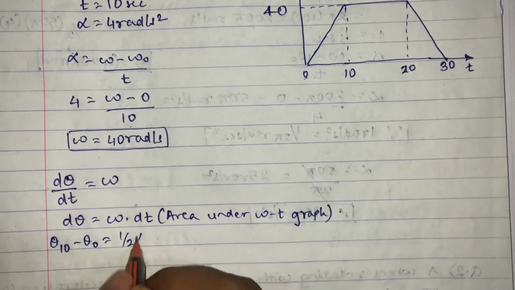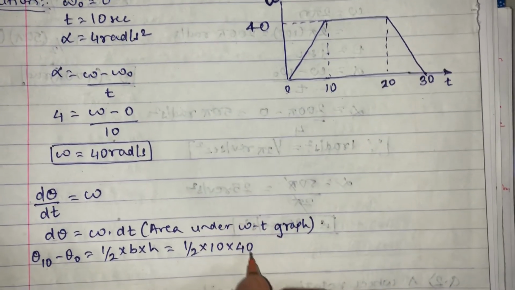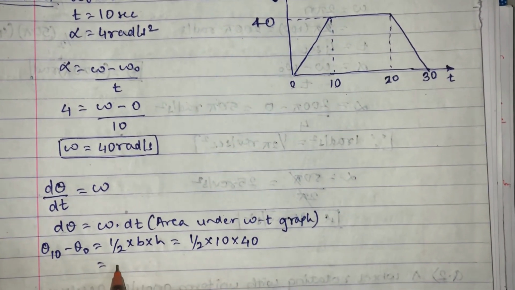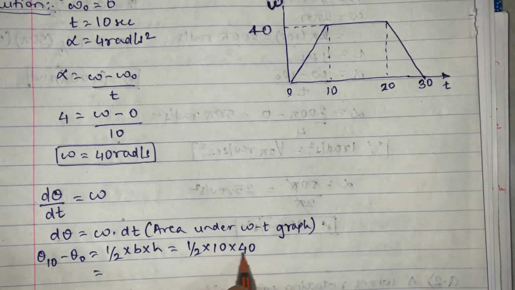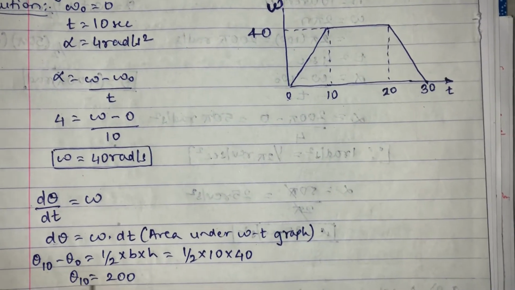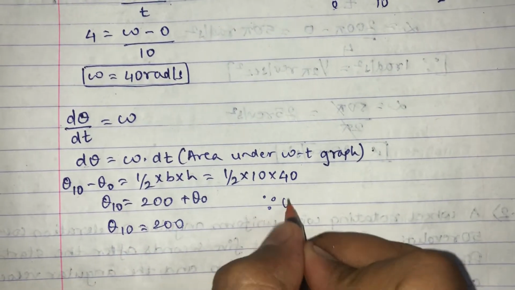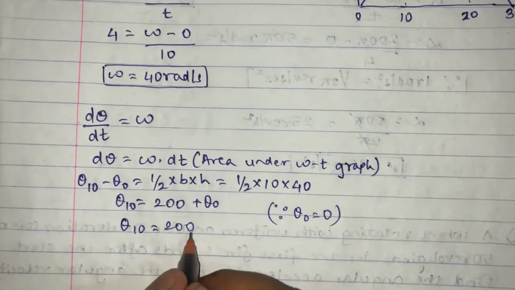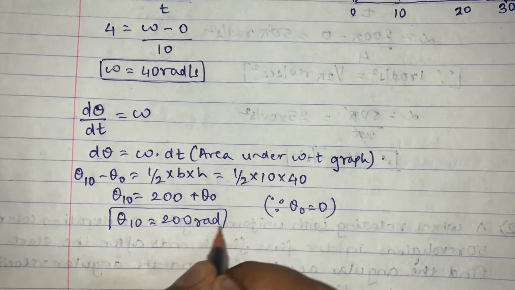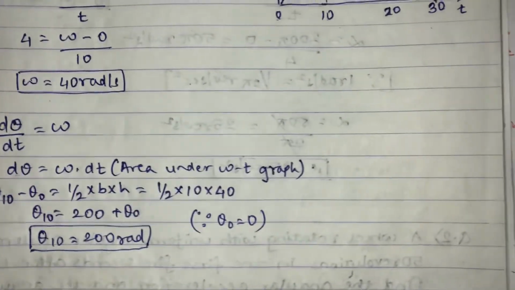The area is half into base into height, where the base is 10 and the height is 40, which gives me 200. Since the wheel started from rest, theta naught is 0, so theta 10 is 200 radian. Is it clear?